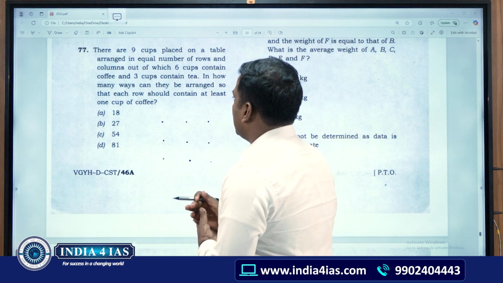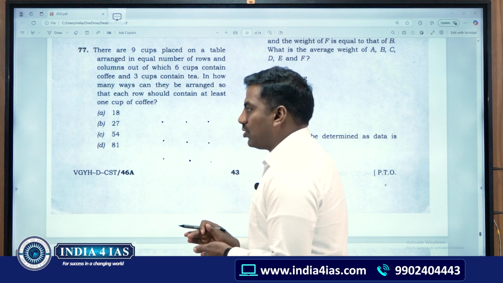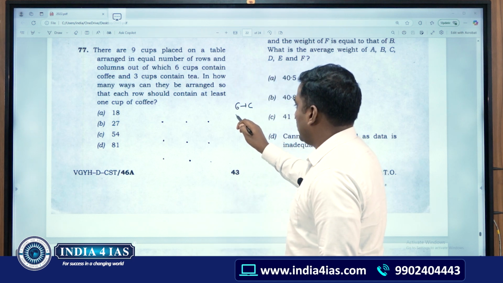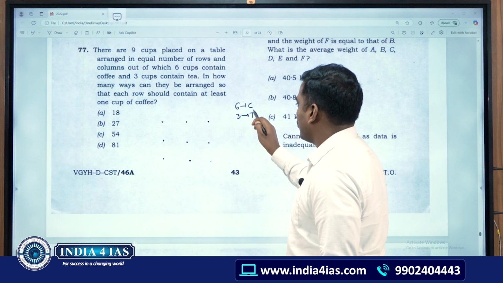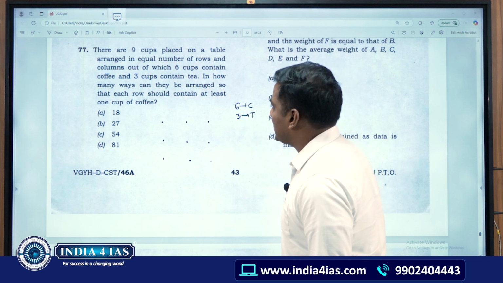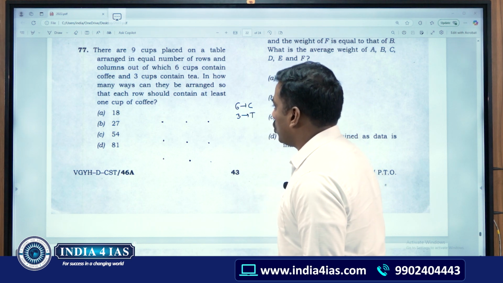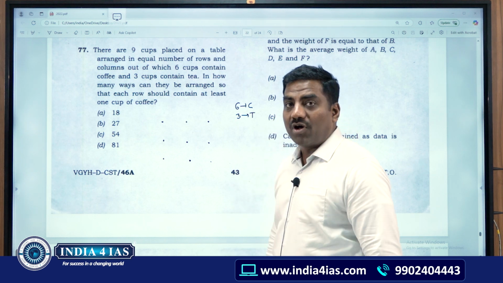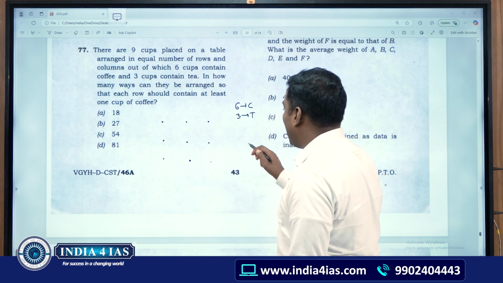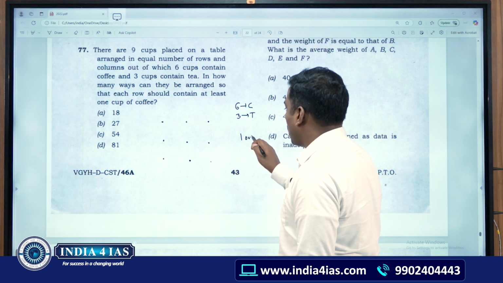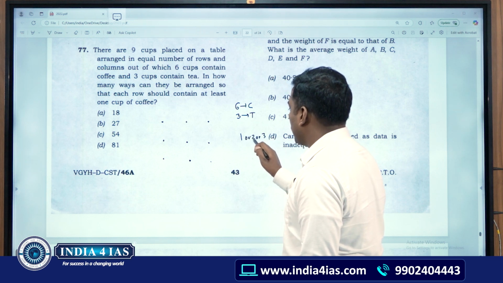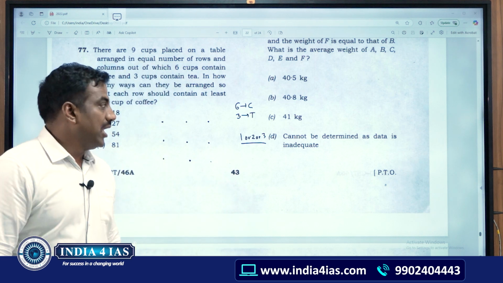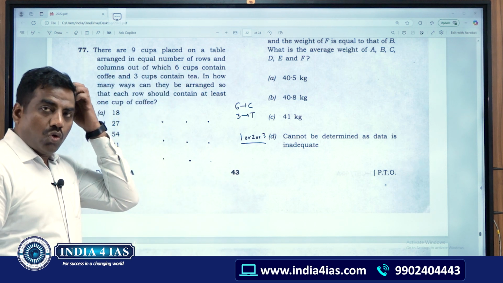Out of these 9 cups, 6 contain coffee and 3 contain tea. In how many ways can they be arranged so that each row contains at least 1 cup of coffee? At least 1 means 1 or 2 or 3. These are the numbers of coffee cups we can have in any row.